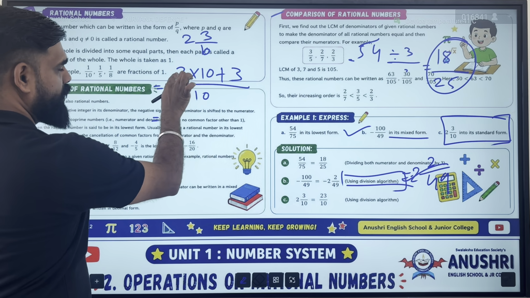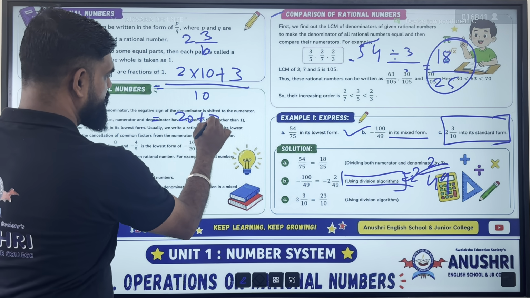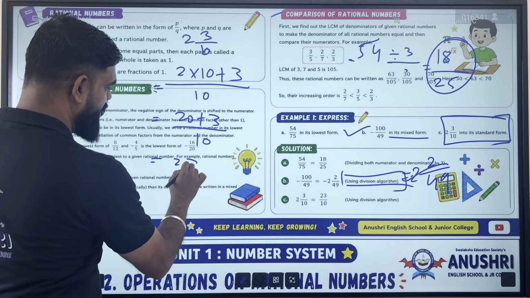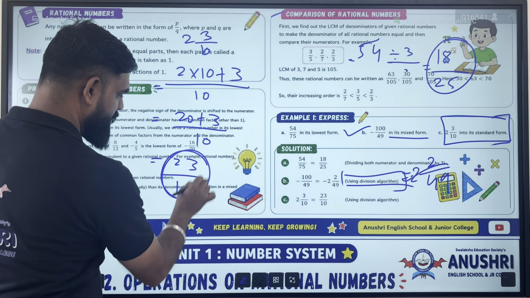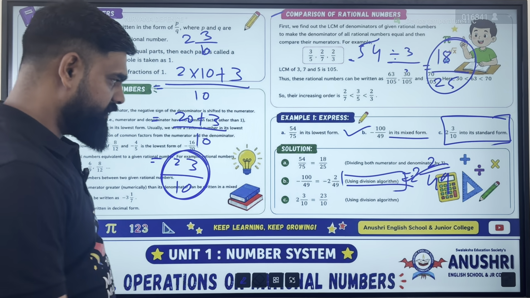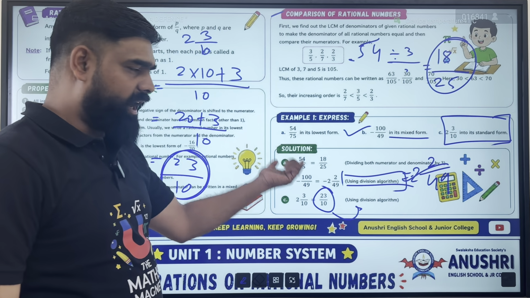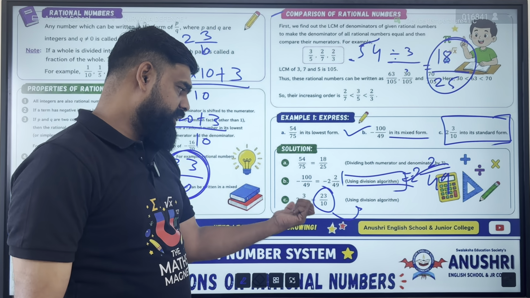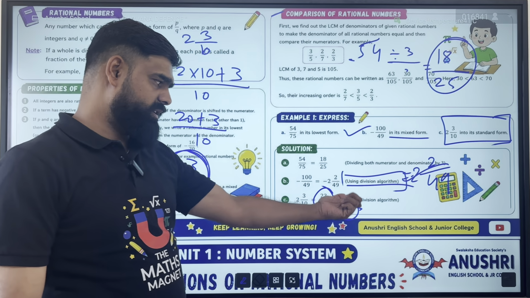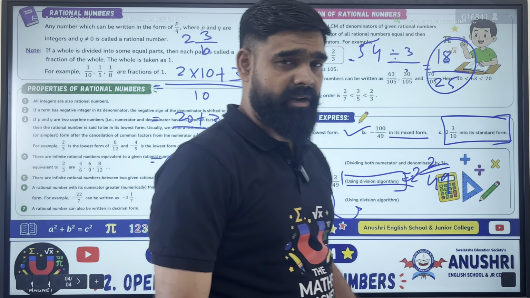So 2 into 10 is 20 plus 3 by 10, and we got 23 by 10 here. So we have brought that 2 3 by 10 into the standard form, which is 23 by 10.